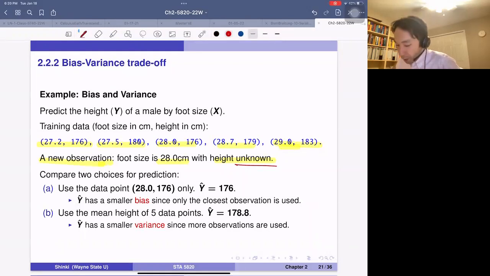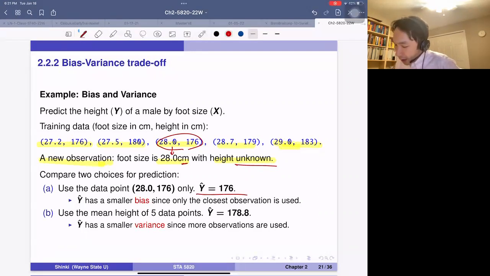There are 2 methods. The first method is to pick the observation whose foot size is closest, actually almost the same as the new observation's 28. So we expect the new male's height is 176 centimeters: y hat is 176.